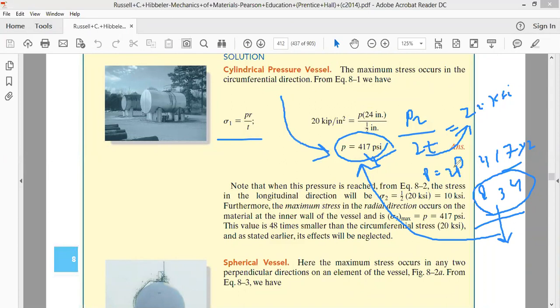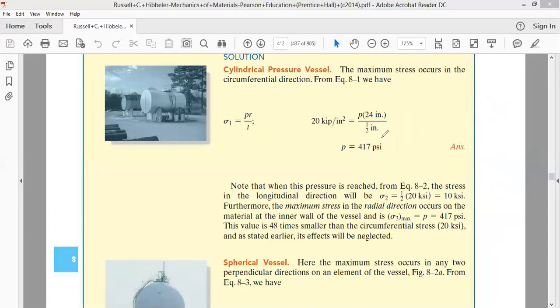So the pressure to which this vessel can be subjected is only 417 psi. If you give it a pressure more than 417 psi, the pressure vessel will fail because of its circumferential stress.